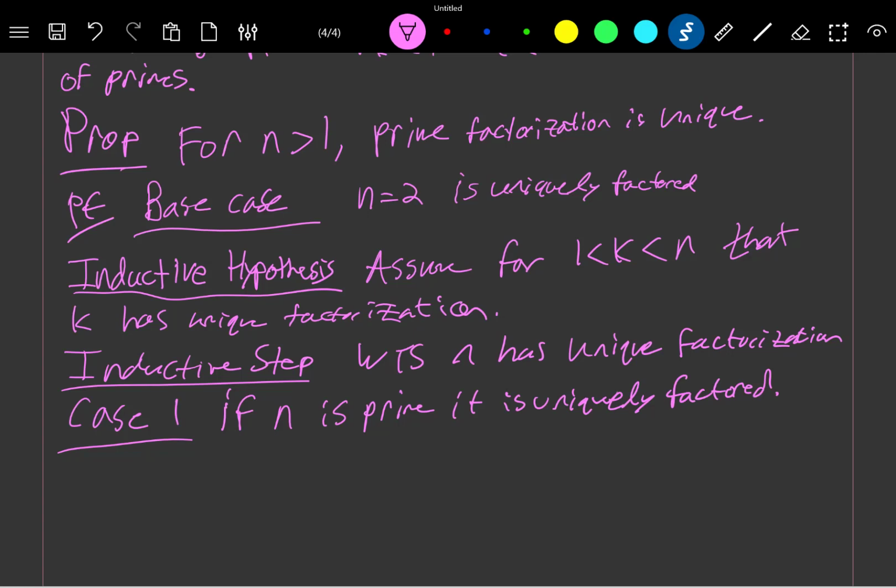Now, case 2 is probably the more interesting case. If n is not prime. So what we can do here is, say n is, we know by the previous proposition, a product of primes.